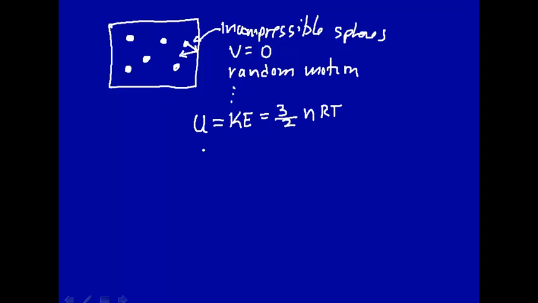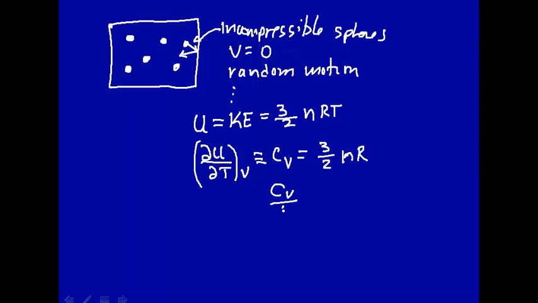And then if we look at how U changes with temperature at constant volume, and that's defined as the heat capacity at constant volume, this then would just be 3/2 nR. Or if you want to convert heat capacity from an extensive to an intensive variable, divide by the number of moles, CV over n, which I think Ball uses CVm for molar heat capacity, and that's equal to 3/2 R.